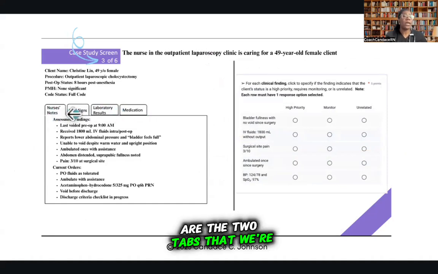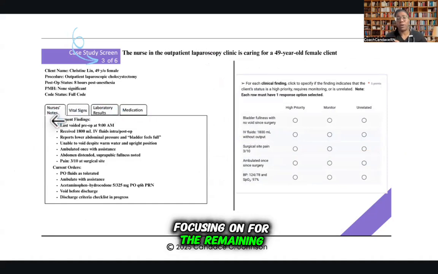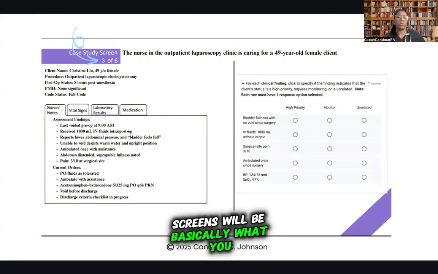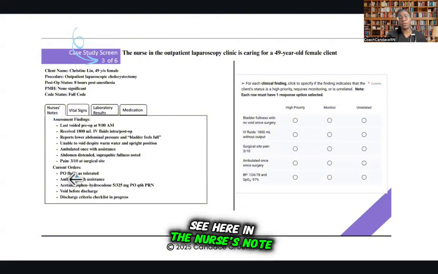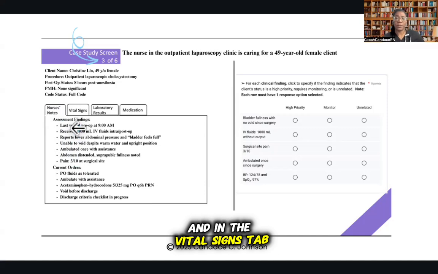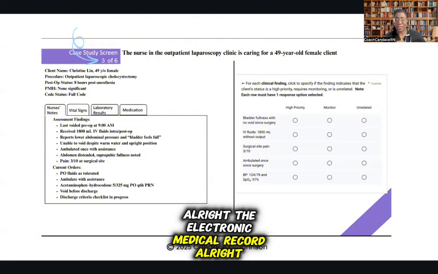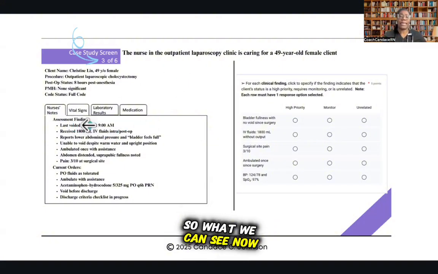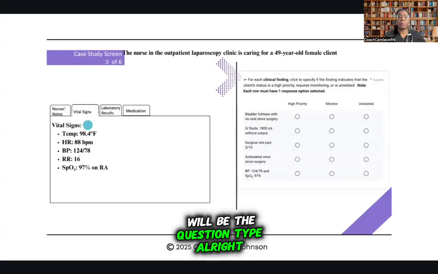The 2 tabs that we're focusing on for the remaining screens will be basically what you see here in the nurse's note and in the vital signs tab. That tab's in the EMR, the electronic medical record. Now we can see the question type.